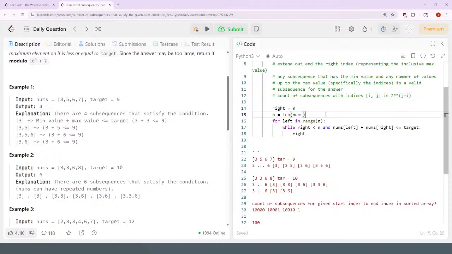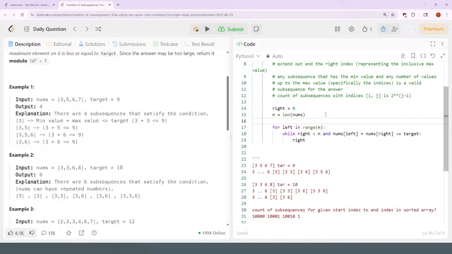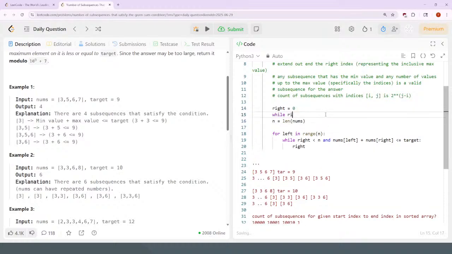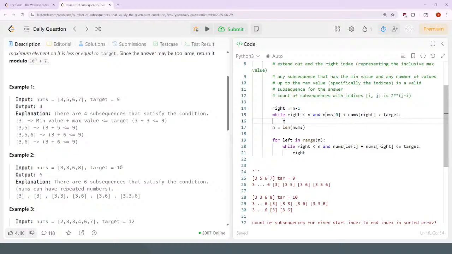Okay, so the smallest value. Let's see, I'll say right is equal to 0 while right is less than n and nums at 0 plus nums... actually it should be n minus 1, so let me go backwards. While nums at 0 plus nums at right is bigger than target, then right minus equals 1.